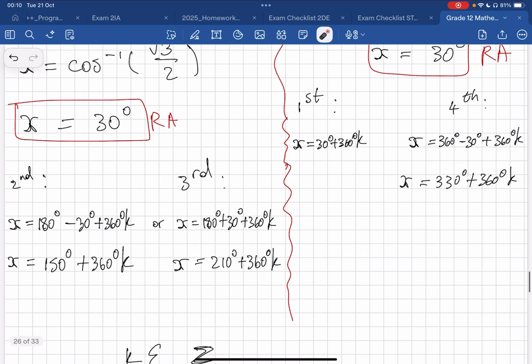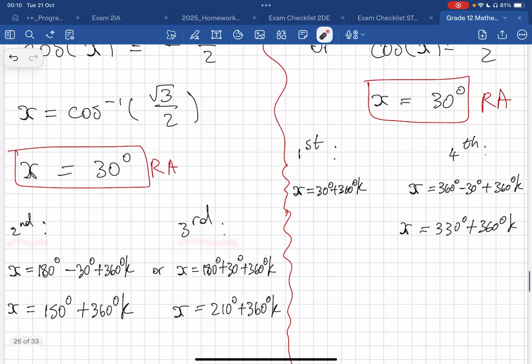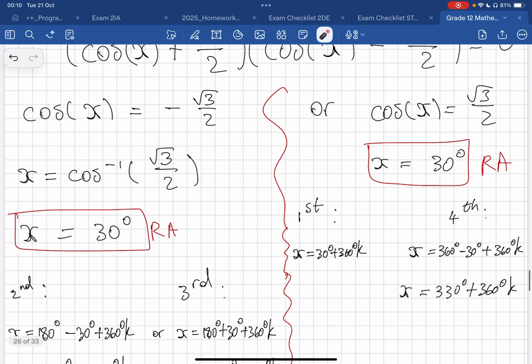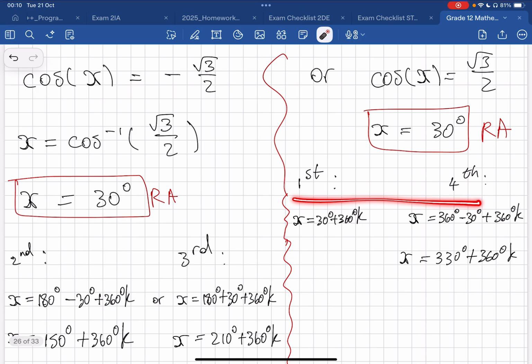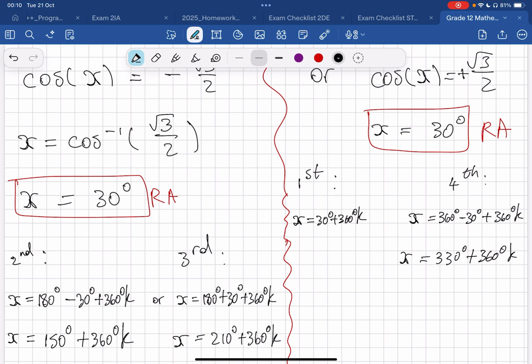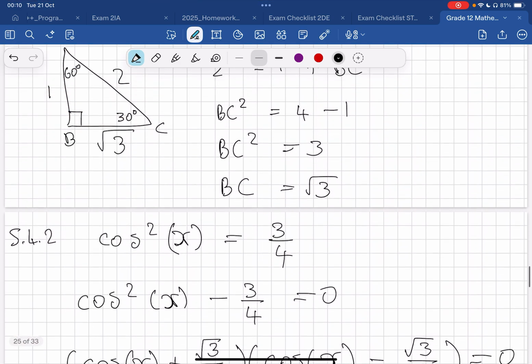And then again, like I said, I'm using the second and third quadrants here because my cosine is negative. I'm using the first and fourth quadrants here because my cosine is positive. Maybe let me put a plus sign here. And that is how you find the general solution for that question.